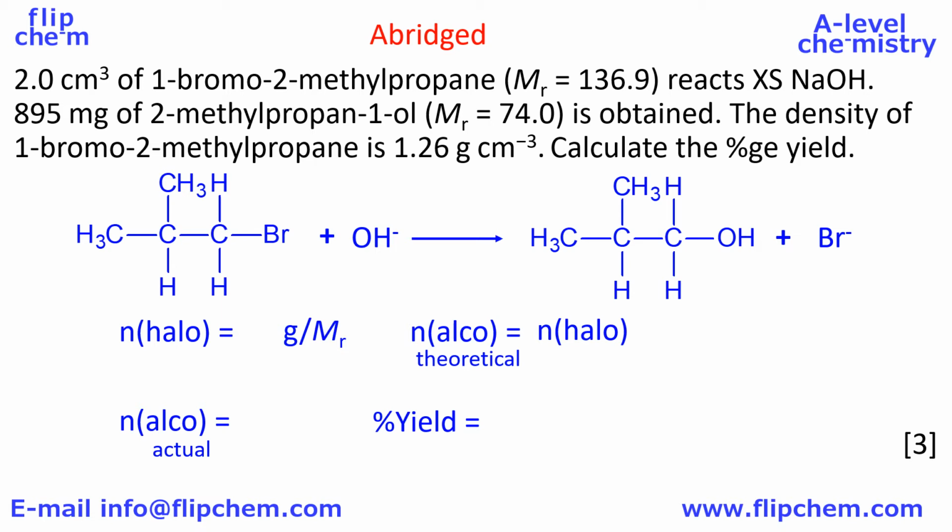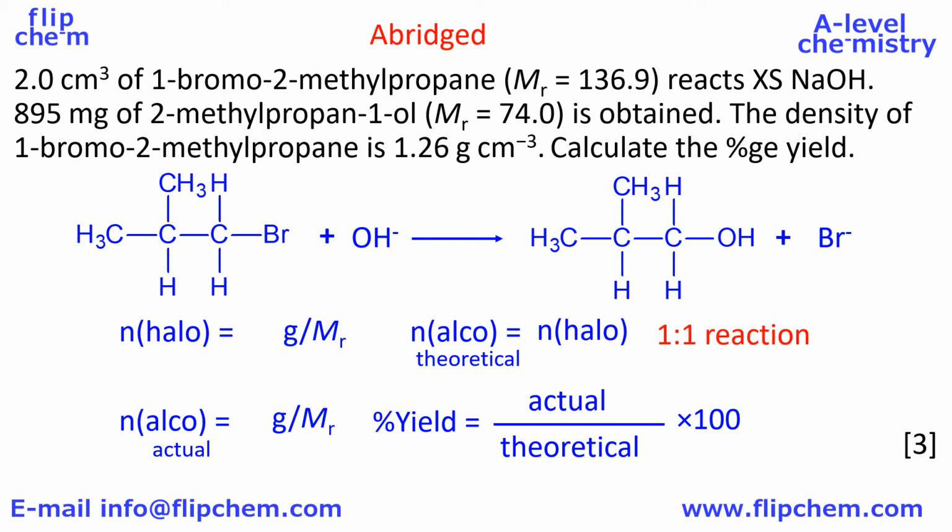The amount of the alcohol is the same as the amount of the haloalkane theoretically because it is a 1-to-1 reaction. The actual amount of the alcohol, again, we can get from mass divided by molar mass, and the percentage yield is given by the equation actual divided by theoretical times 100. You don't get any of those equations in the exam, they're not on the data sheet, you simply have to know them.